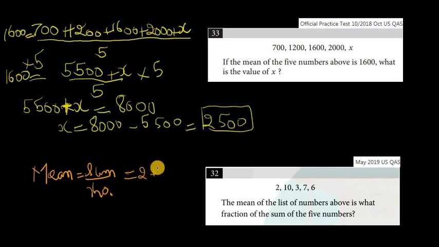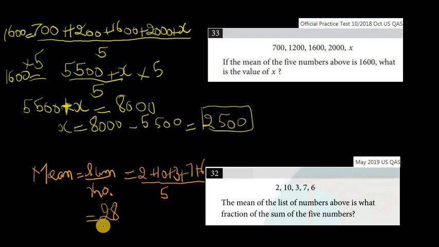So 2 plus 10 plus 3 plus 7 plus 6, that's my sum, and I'm going to divide this by 5 to get to my mean. So when I add them up, it will be 12, and then 12 plus 3 would be 15, plus 7 would be 22, and plus 6 would be 28.